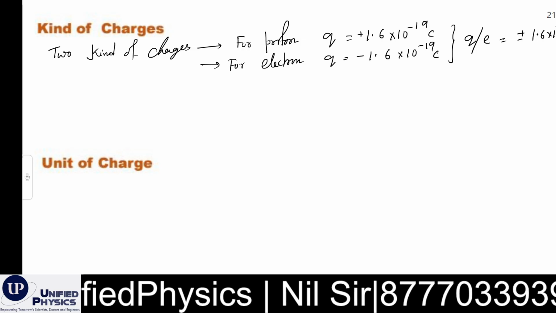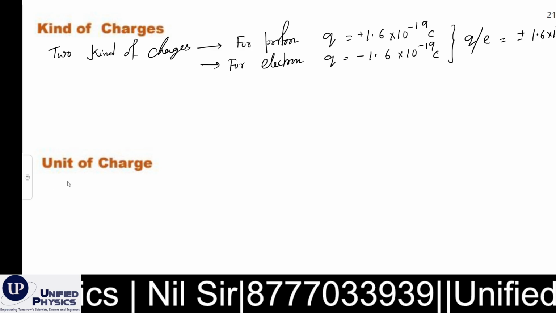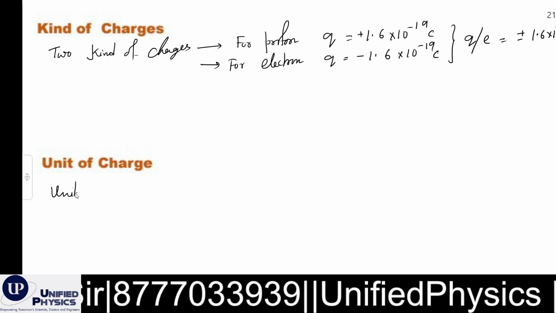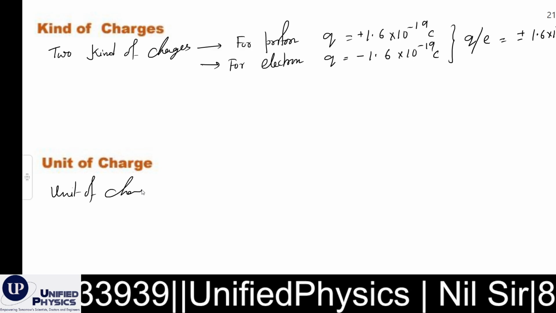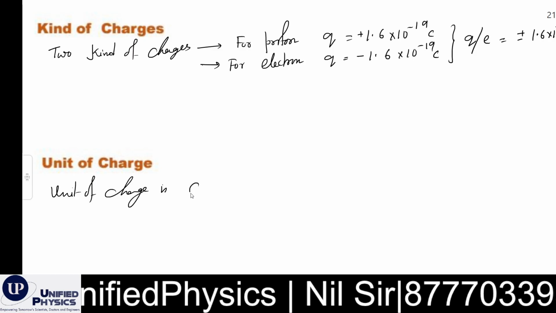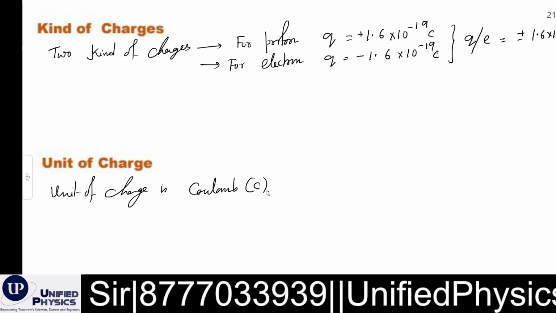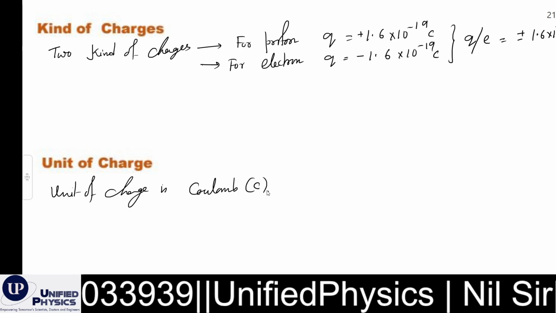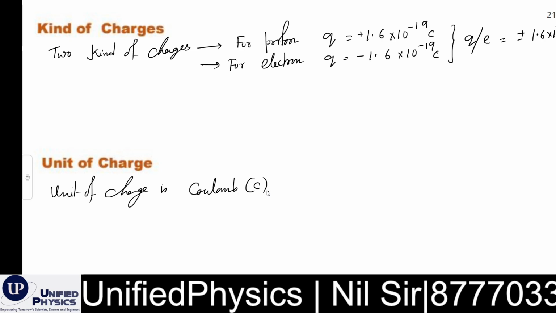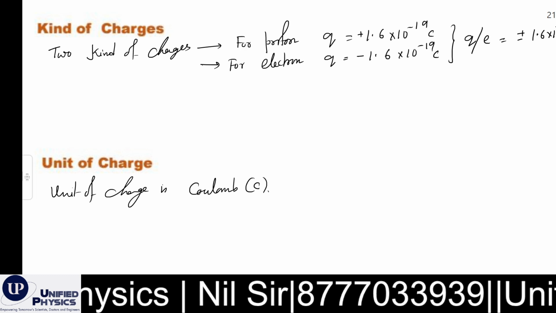Okay. So what is the unit of charge? The unit of charge is coulomb, and denoted by capital letter C. This is charge. So charge is quantized. So that means what is the minimum amount of charge that an independent particle can have?